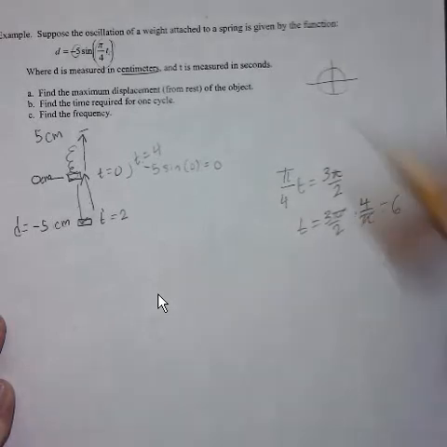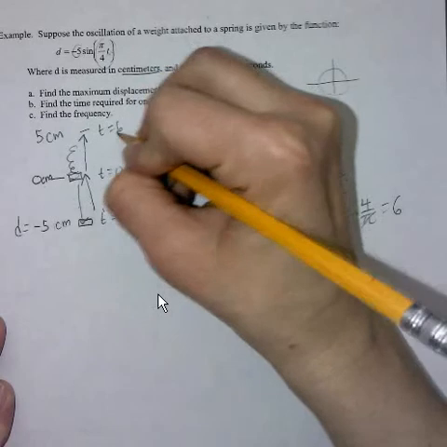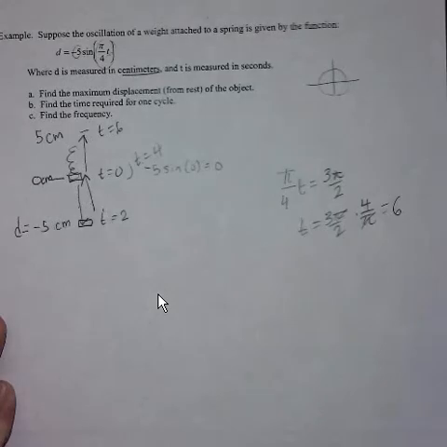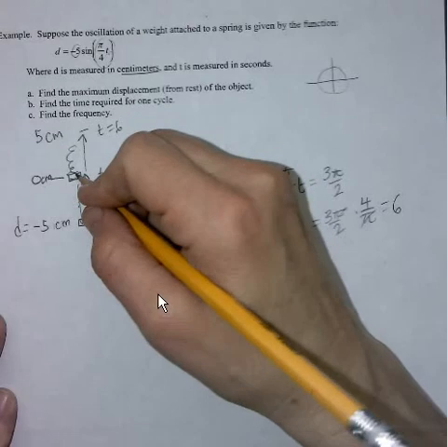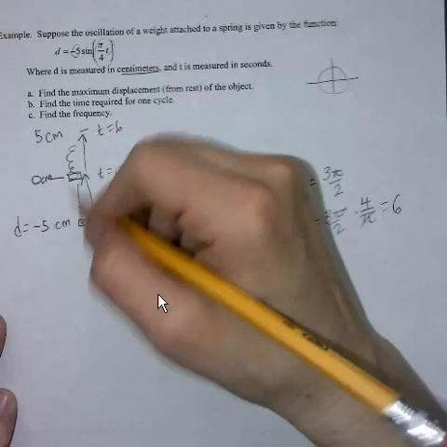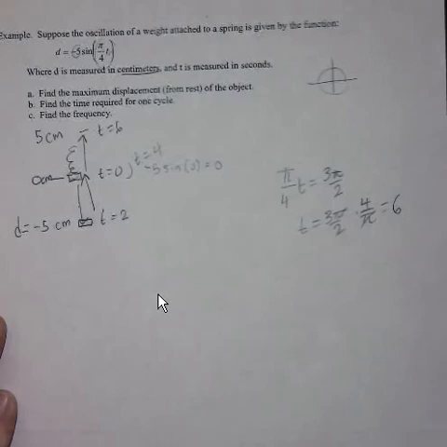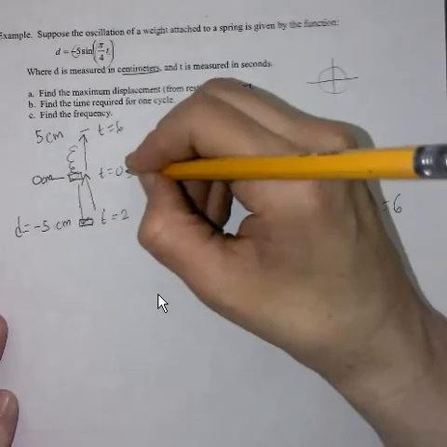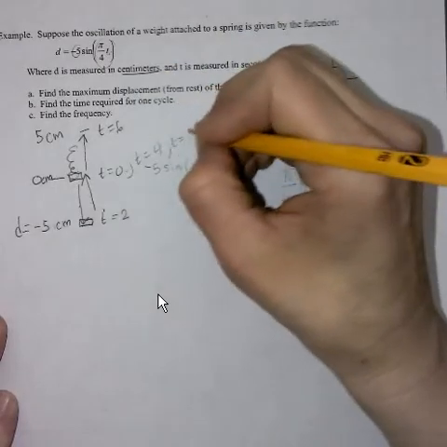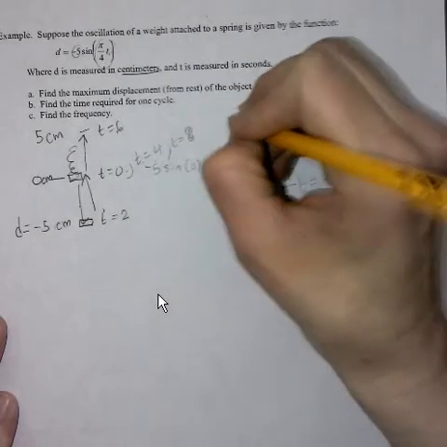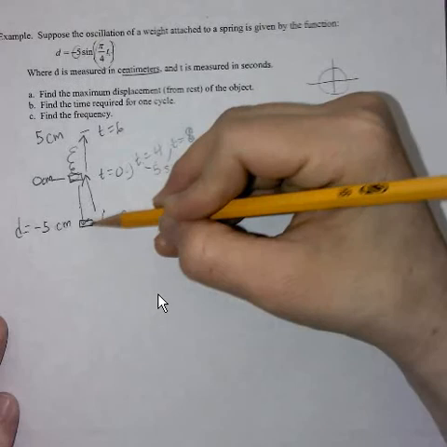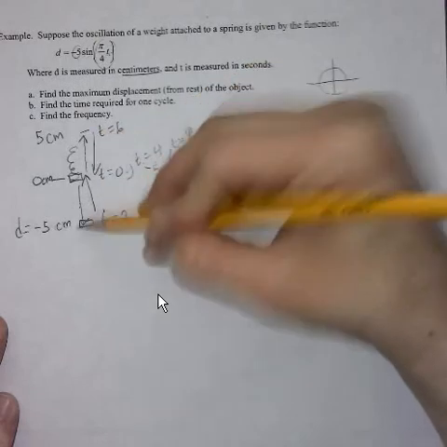And notice these are all 2 seconds apart, so it shouldn't be a surprise. It takes the same amount of time to get from each point to the next. And then it'll be another 2 seconds and you're back at equilibrium. So this keeps hitting equilibrium every 4 seconds. So down, up, up, and then down, and you've completed one cycle.